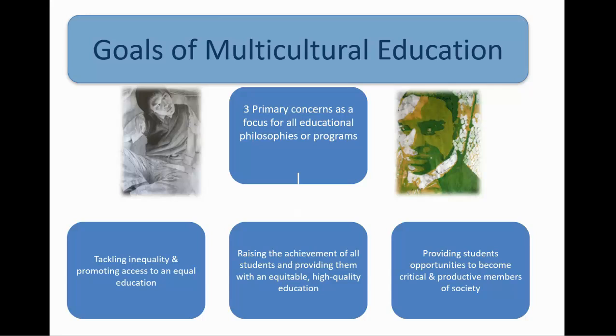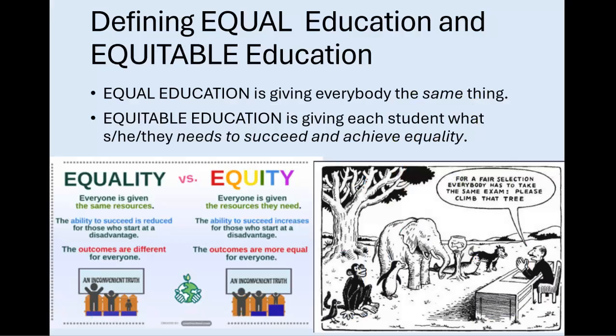So, big asks with these three goals for multicultural education, but it's impossible for us to think we're only going to focus on teaching things like reading and writing and math and science and social studies without thinking about all the systems that are in place that impact how we teach that subject matter.